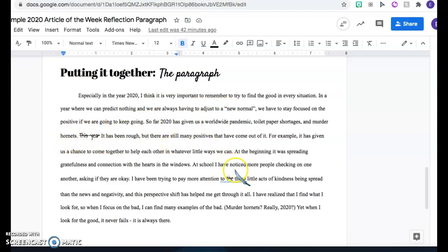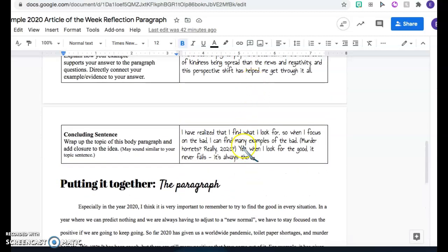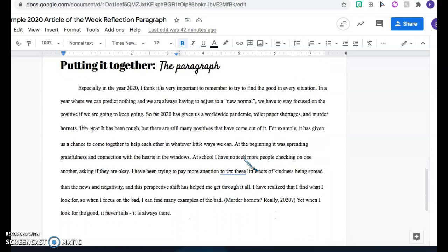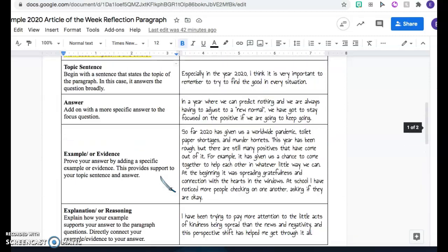All the ideas did not flow together well. However, all of the work has already been done for you. You just have to make sure that you read back through it and it all makes sense together. So there it is, writing a reflection paragraph.